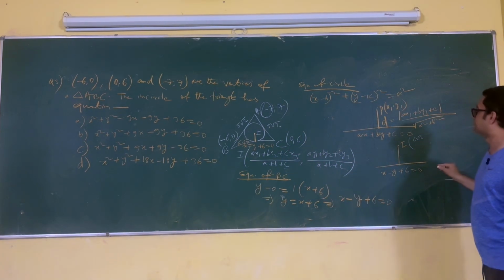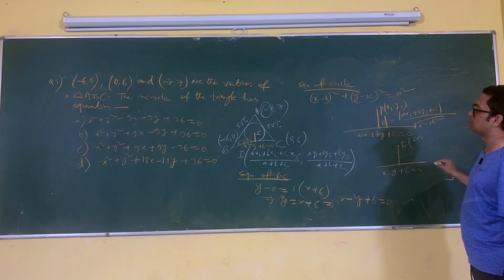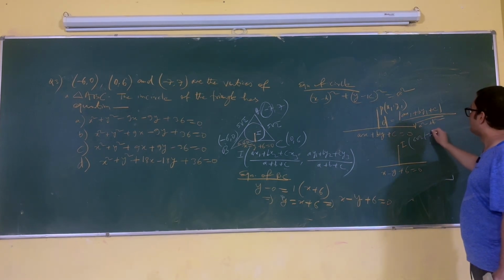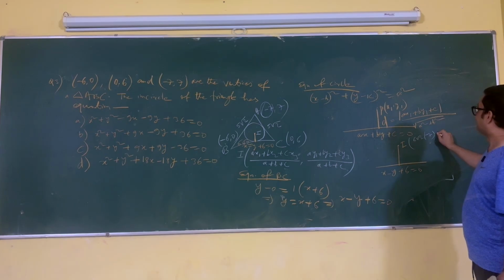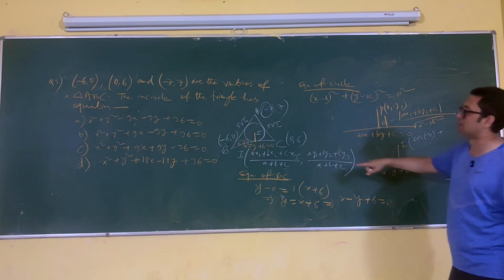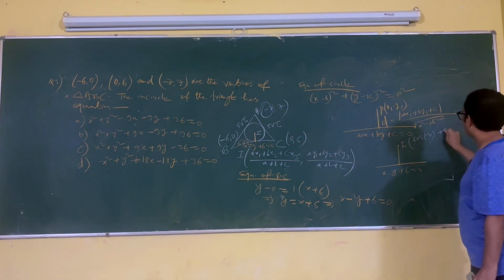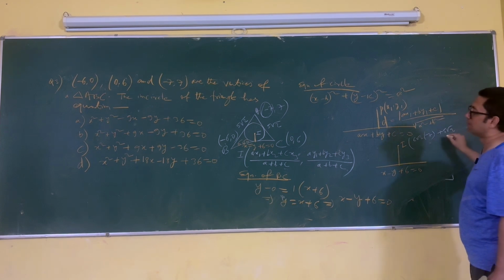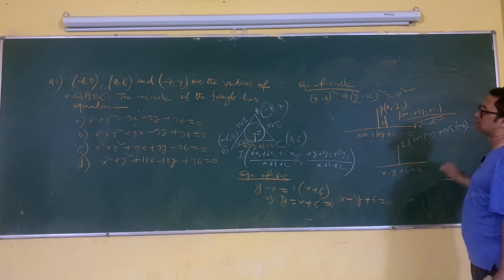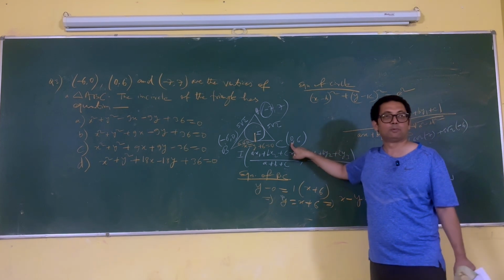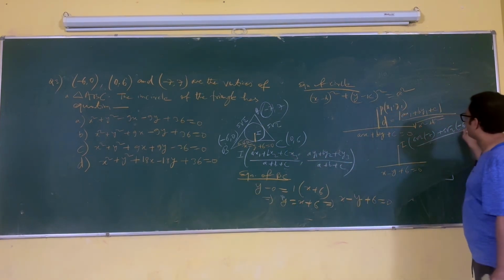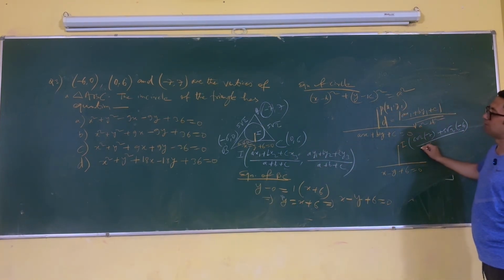So 6 root 2 times minus 7, and then plus b, this value 5 root 2, times minus 6, and third, 0 multiplied, over a plus b plus c. So it would be 5 plus 5, 10 root 2 plus 6 root 2, so it would be 16 root 2.